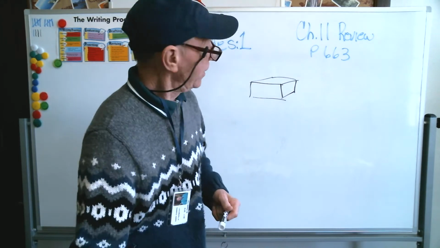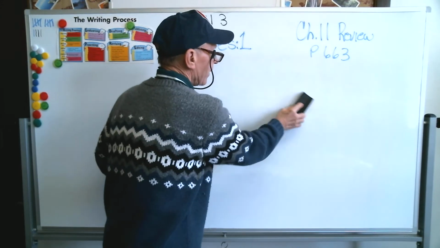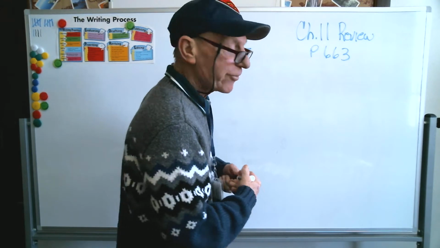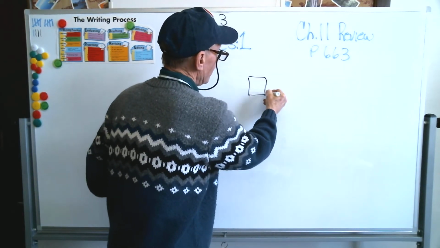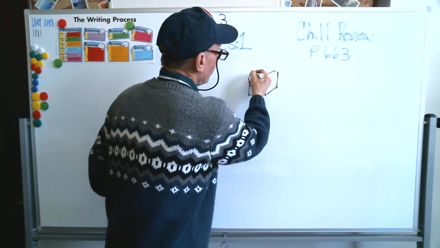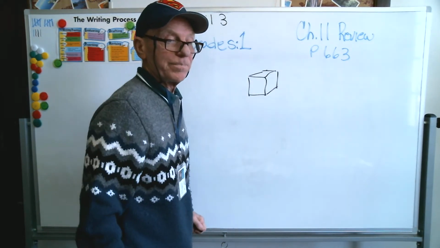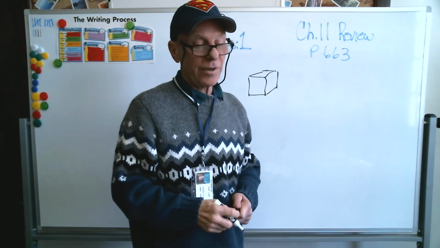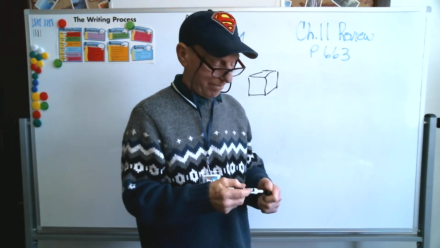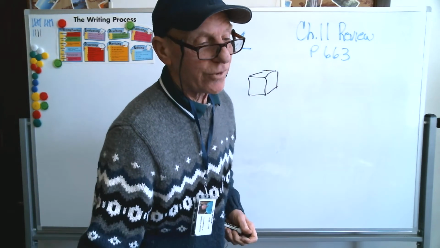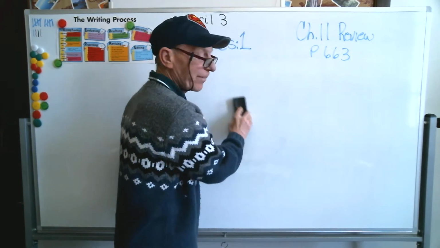The next object is a cube. And what makes a cube special? Well, a cube is special because it's equal on all sides. Equal dimensions on all sides. And does it have any curved surfaces? No, you can see that there's no curved surfaces on a cube.